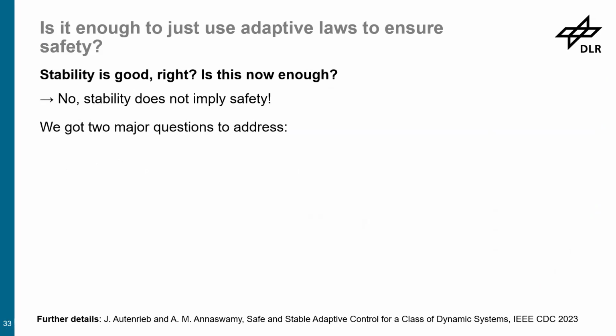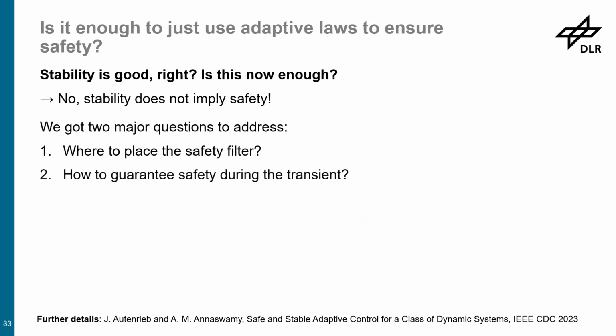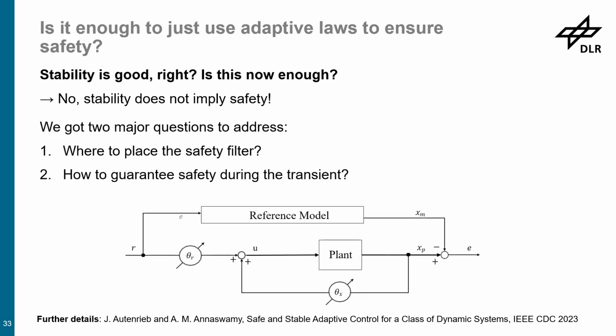And it's just converging to one point, but it's not necessarily a point that is guaranteeing safety. So we need to use the safety filter, but the question there is where to place the safety filter, right? And how to guarantee safety during the transient. Maybe we can start with the first question.